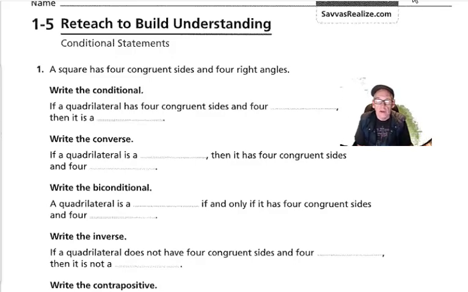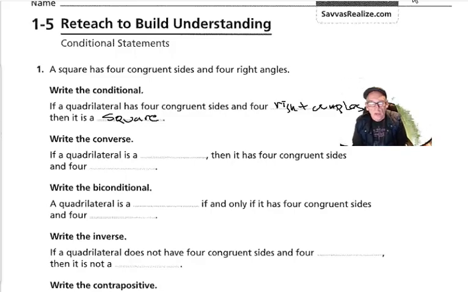Okay, if a quadrilateral has 4 congruent sides and 4 right angles, then it is a square. Okay, we want to write the converse. Now the converse swaps the then and the if parts around.